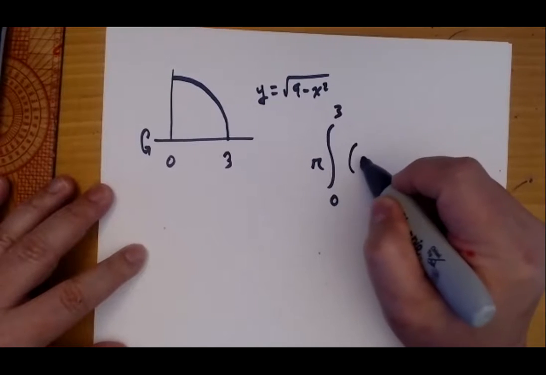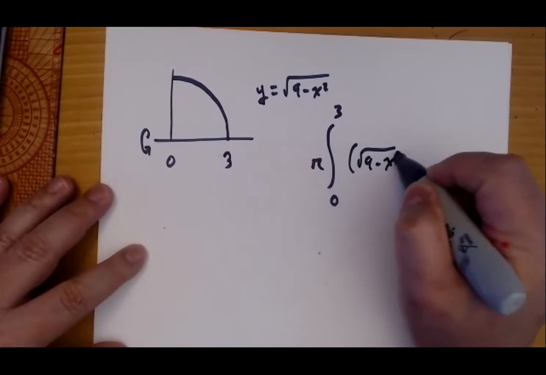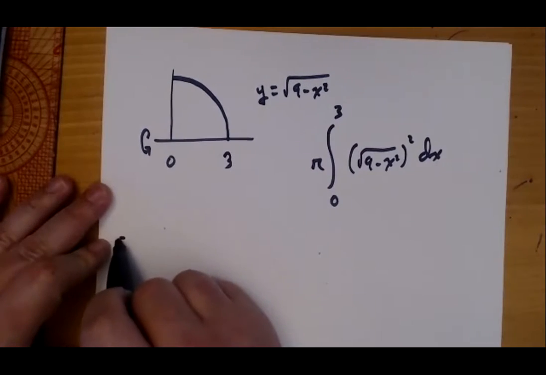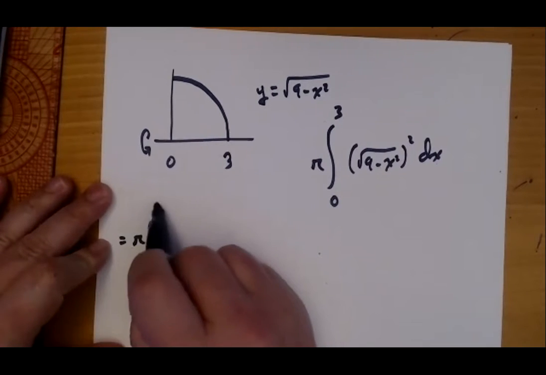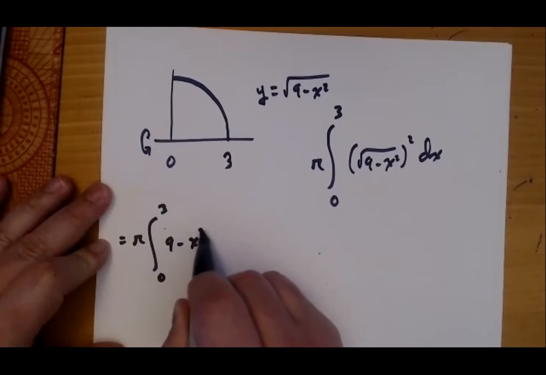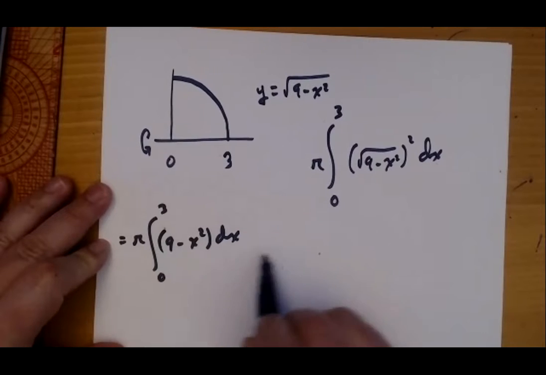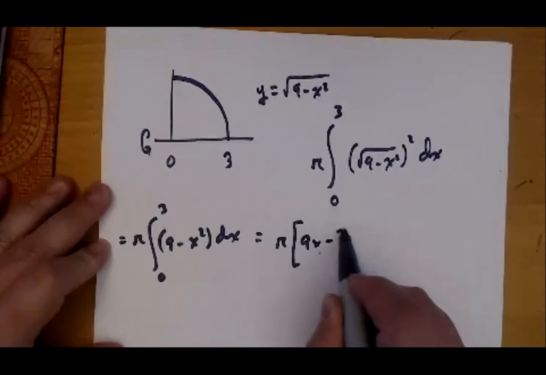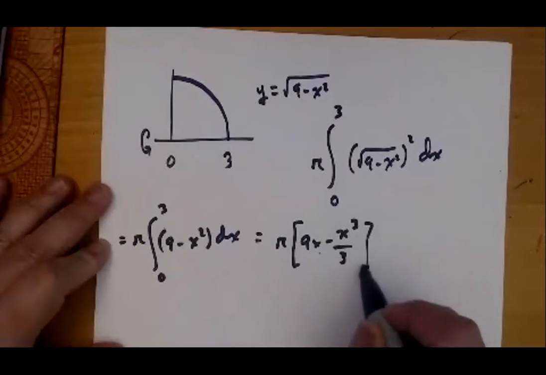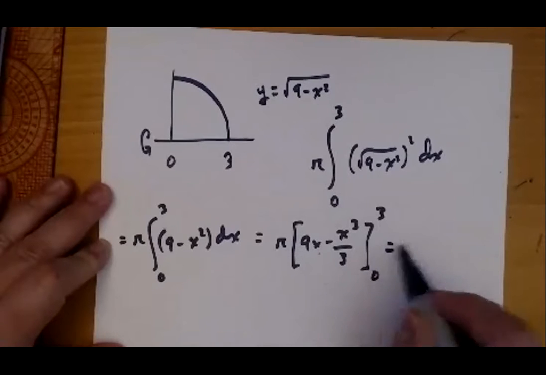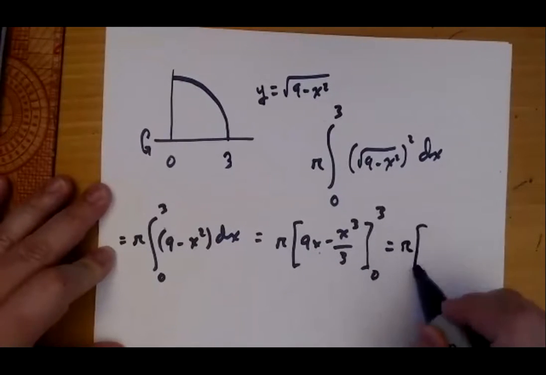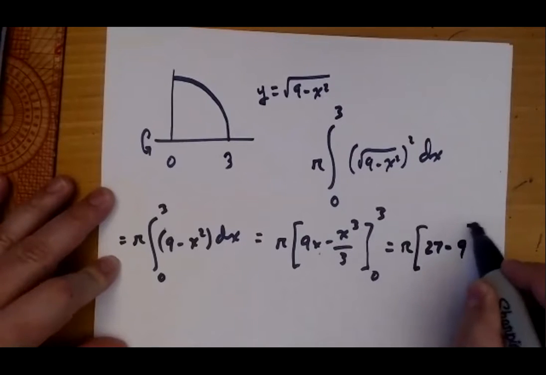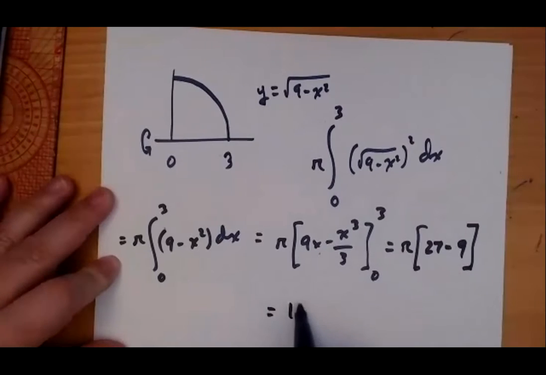And so it's the square root of 9 minus x squared, squared, dx, which is pi integral 0 to 3 of 9 minus x squared dx, which is pi times 9x minus x cubed over 3 from 0 to 3, which is pi times 27 minus 9, which is 18 pi.